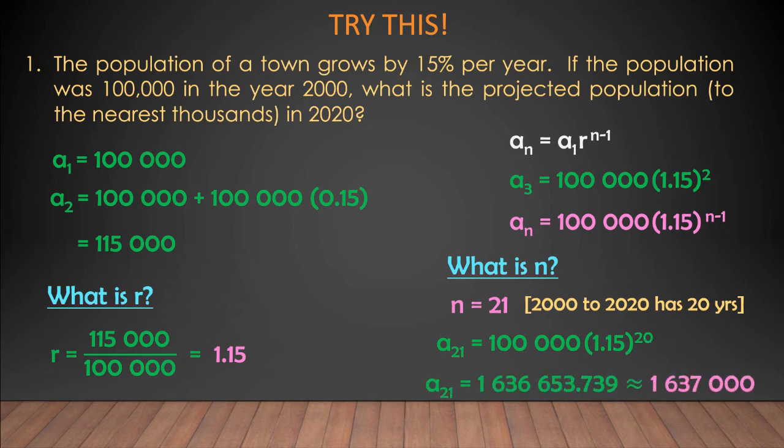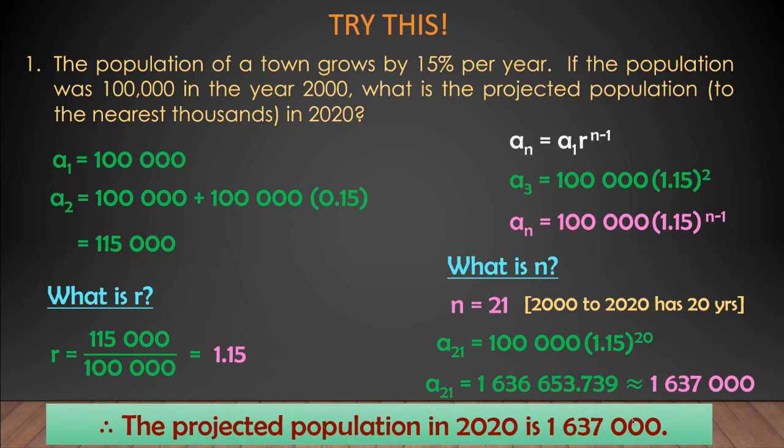Therefore, A sub 21 is equal to 1,636,653.739, or approximately 1,637,000, correct to the nearest thousands. Therefore, the projected population in 2020 is 1,637,000.